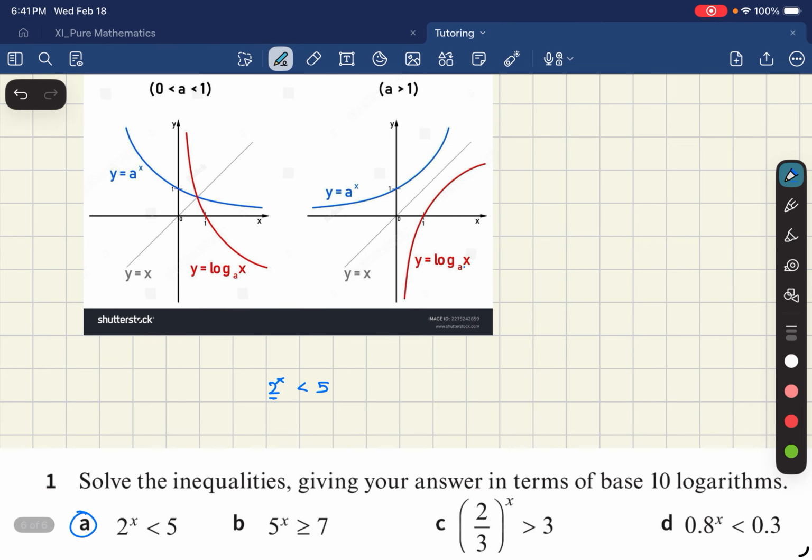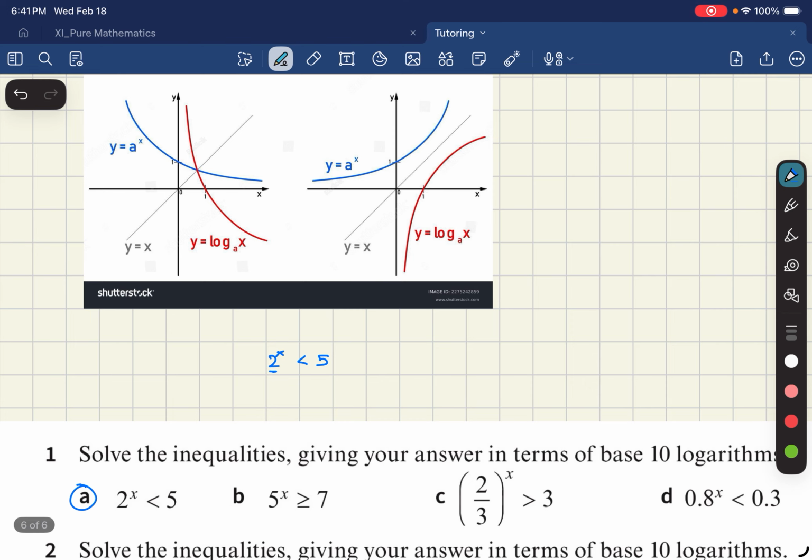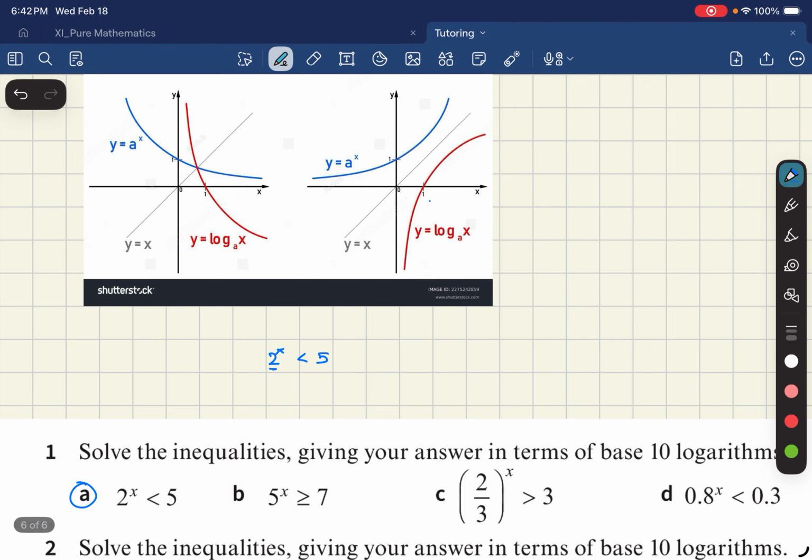Log a of x. My base is greater than 1, right? So my a is greater than 1 because a is my base. If my base is greater than 1, then I'll look at this part of the graph. Now, if you look at the log function for a greater than 1, then you see that as x increases, the output increases.